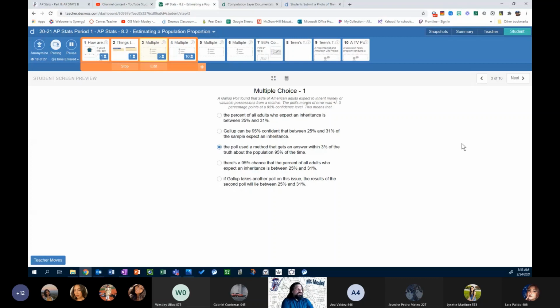Because the poll's margin of error is plus or minus 3 percentage points at a 95% confidence level, right? The confidence level is what we're referring to here.